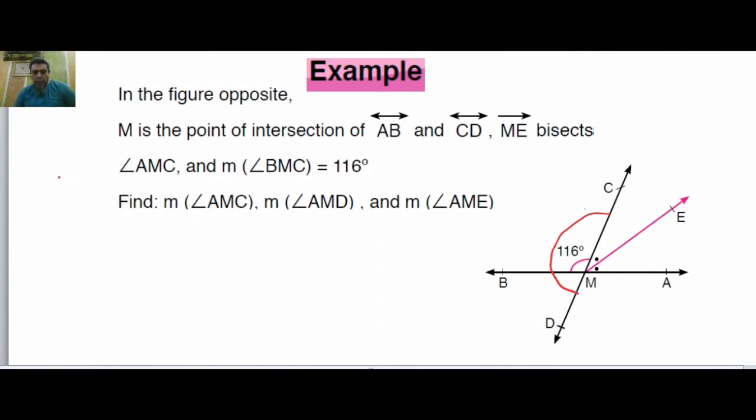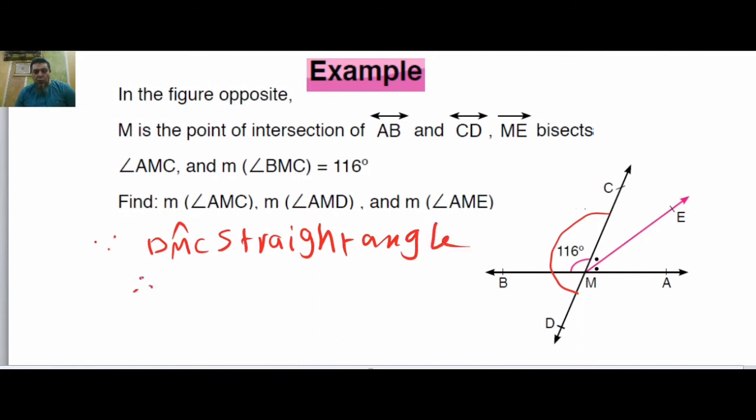Since angle DMC is a straight angle, then measure of angle CMB plus measure of angle BMD equals 180 degrees, straight angle or supplementary angles.